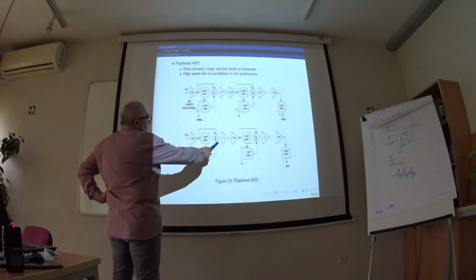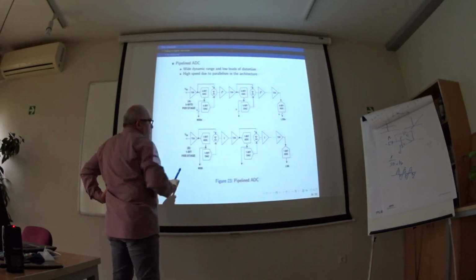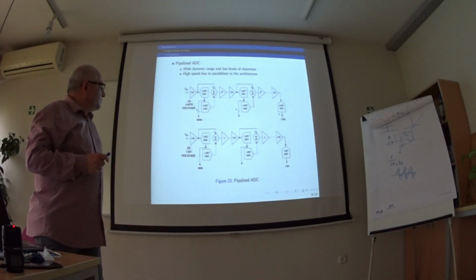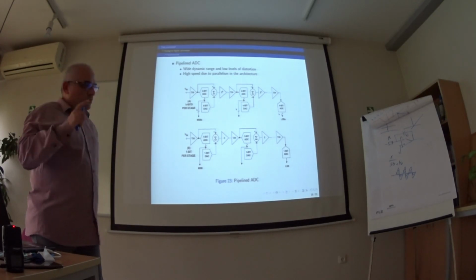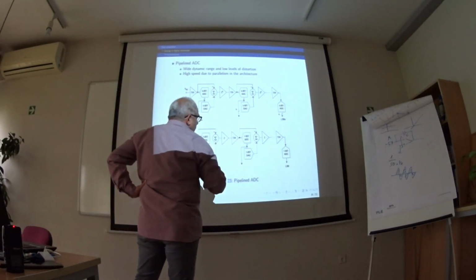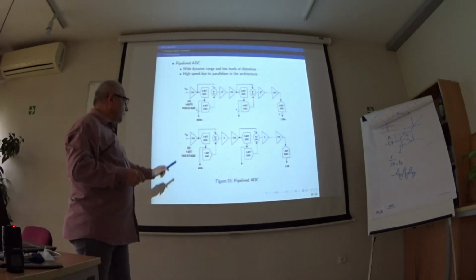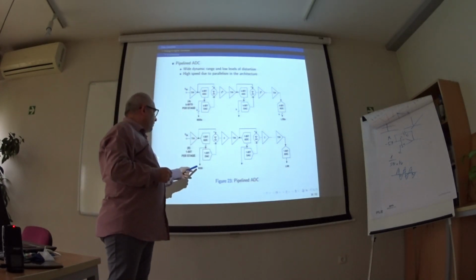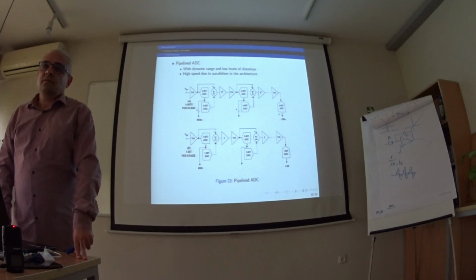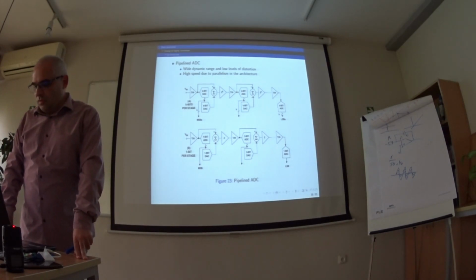So when we take the difference, we can multiply the difference by 2, which corresponds to the half range. Now we have another analog to digital converter, and so on. We have many elementary stages, one for each bit. They are fast analog to digital converters, and they have good resolution.